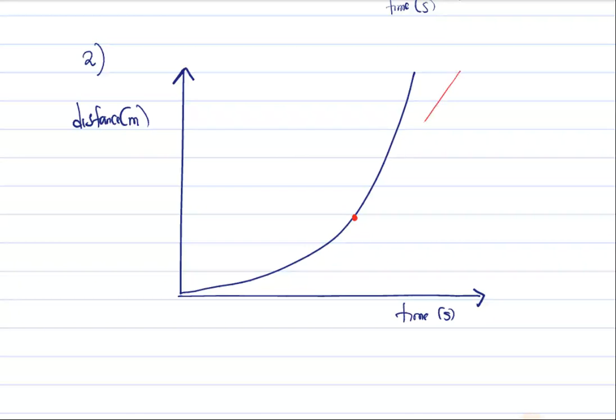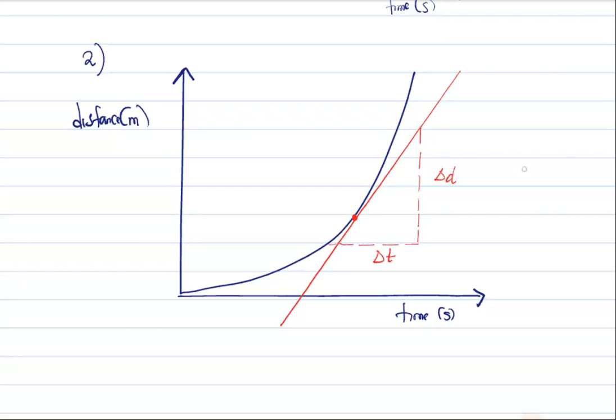You draw the tangent, and then you find the gradient, which we know is just the change in distance over the change in time.